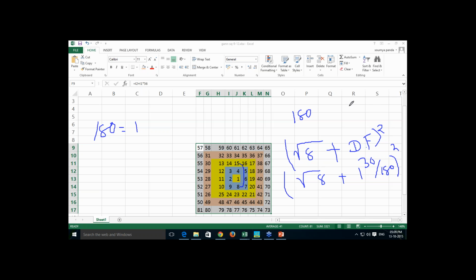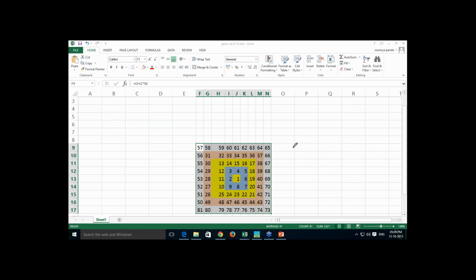Similarly, the lower numbers in the Gann arithmetic will be calculated from the square root of the number, subtracting the degree factor, and the net result has to be squared. So whenever I am talking about the degree factor, 180 degrees is considered as a factor of 1, and from here onwards all those calculations start.